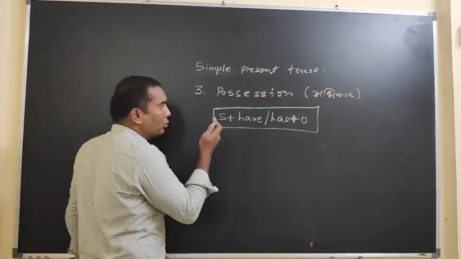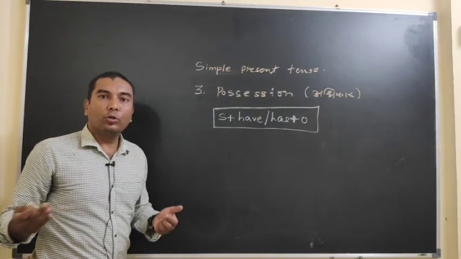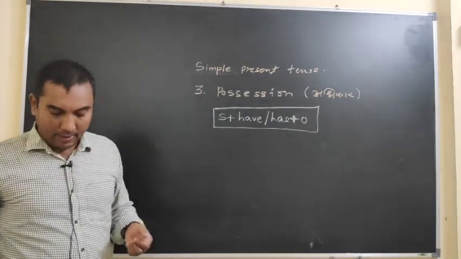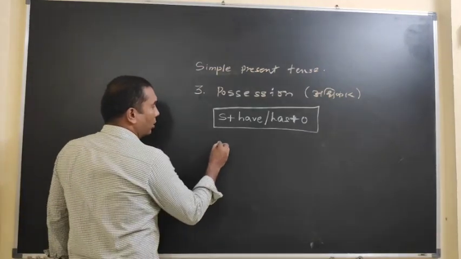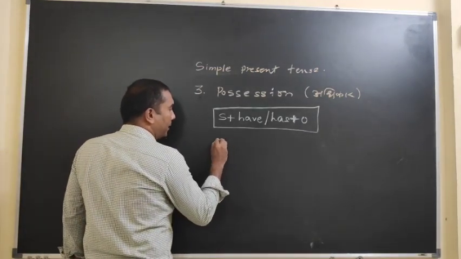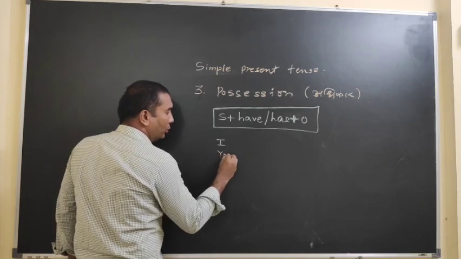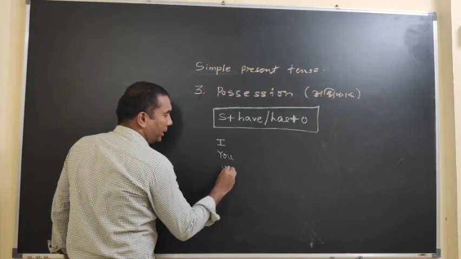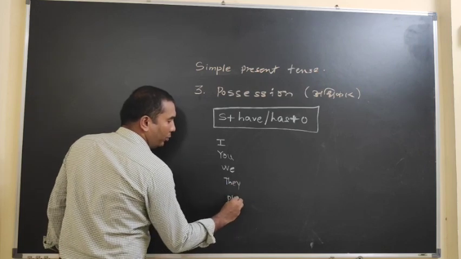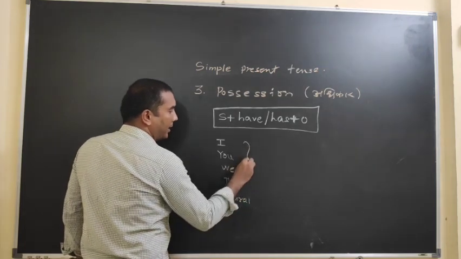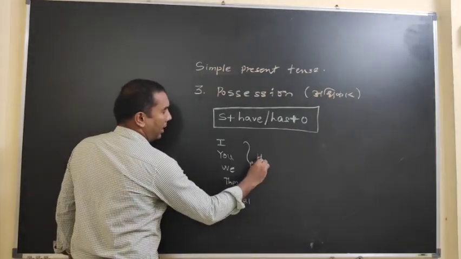Now how I have to use have and how I have to use has in the sentence, that I have to learn, that I have to think. Now look, in front of I, in front of you, in front of we, in front of they, or in front of plural nouns, I can use have.